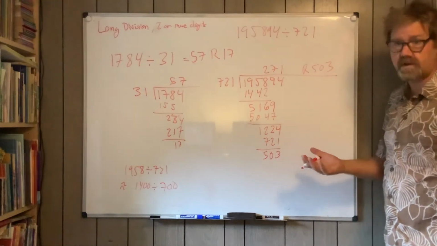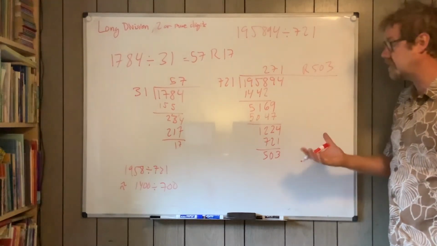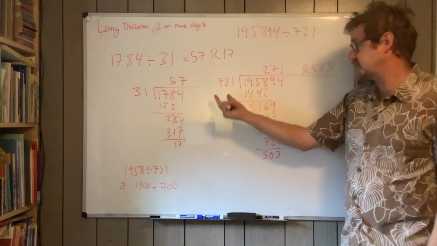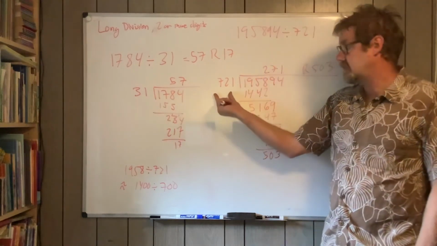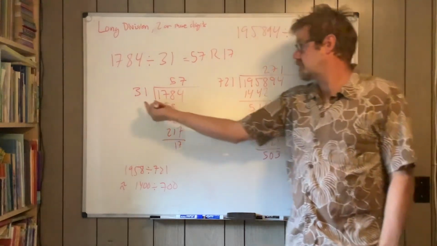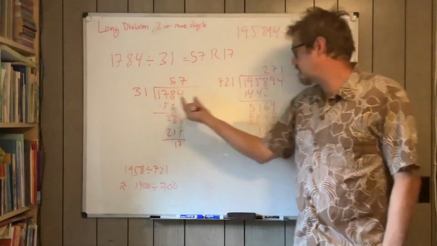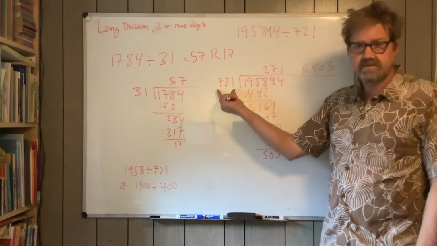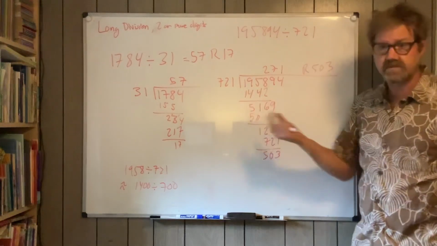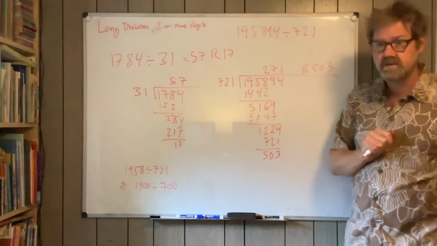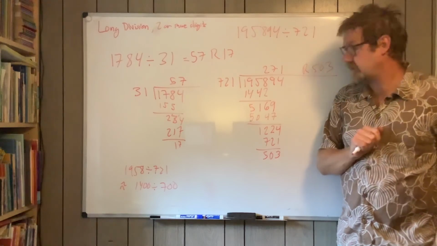So obviously these problems get harder as they get a little bit bigger. But sometimes, and again, I set these up to be nice, relatively close to a multiple of 10, and this one was close to a multiple of 100, so we could do things relatively okay. All right, so go out and practice some of those.